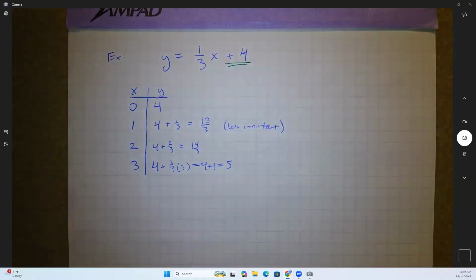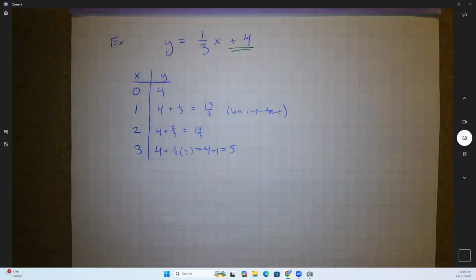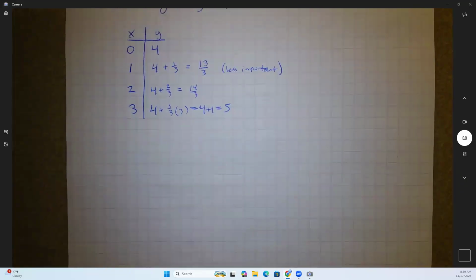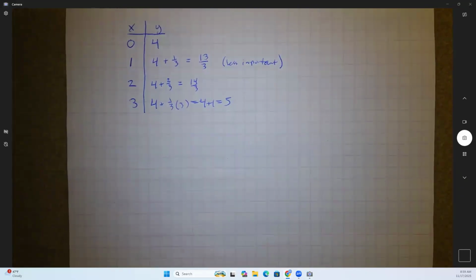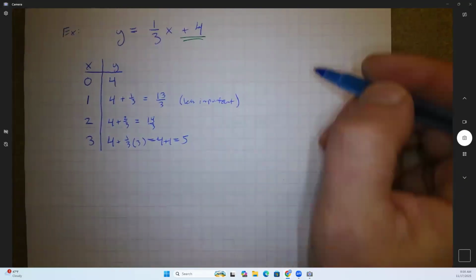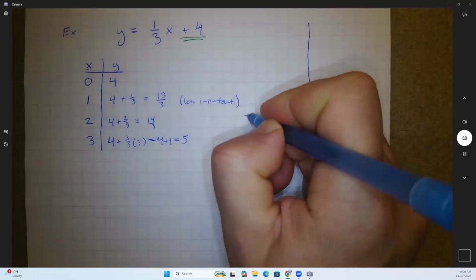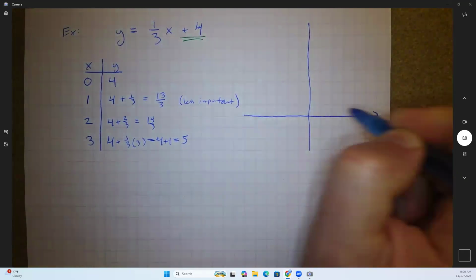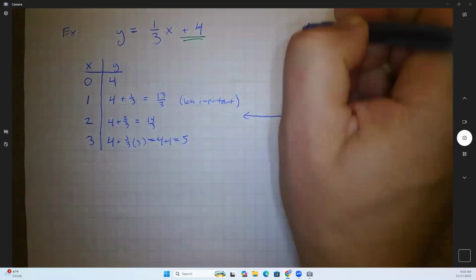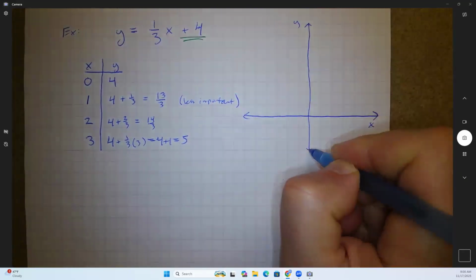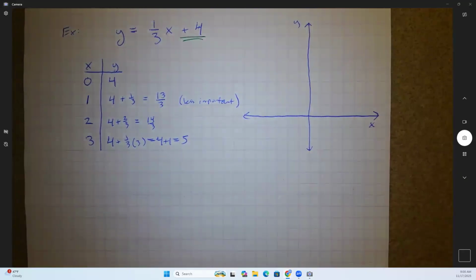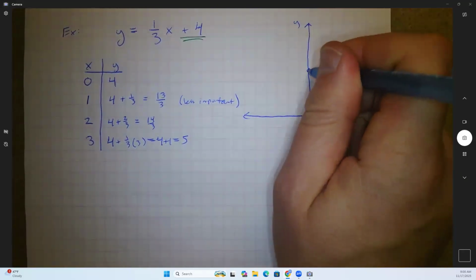And now I feel like I have some information for drawing this graph. Based on where I'm starting, I can draw my x-axis a little lower because it looks like I'm going to be mostly going up. So when x is 0, y is 4.